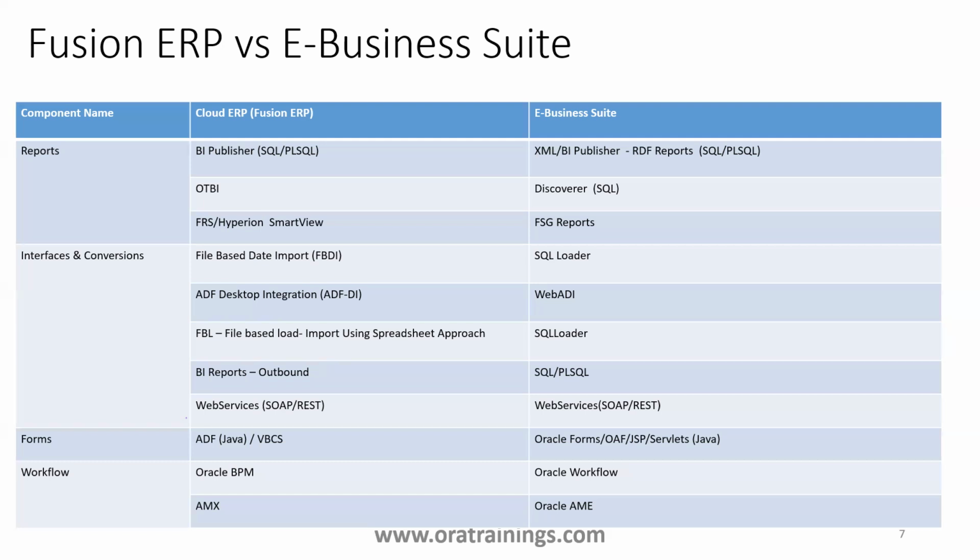Now coming to the next one, the user interface component. Every application should provide a visual user interface where the customer can access your application. The user interface component which you see in Oracle Fusion, till last year it was only ADF pages.